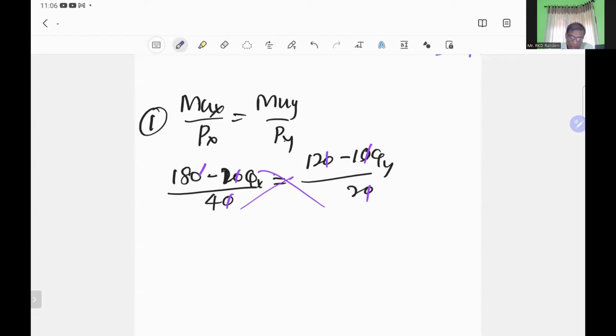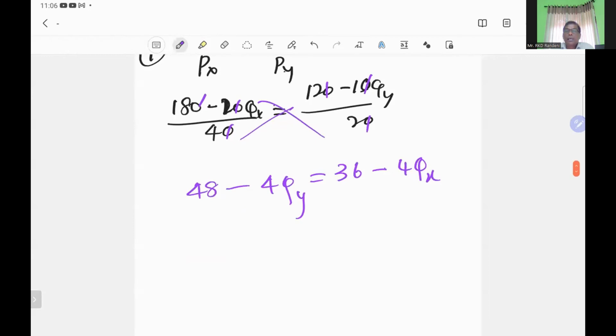Now here, 48 minus 4qy, right? On this side equal 36 minus 4qx. Can you realize? Cross multiply, then 2 from that 18, we can remove the 0. That is 36 minus 2 into 2, that is 4qx.